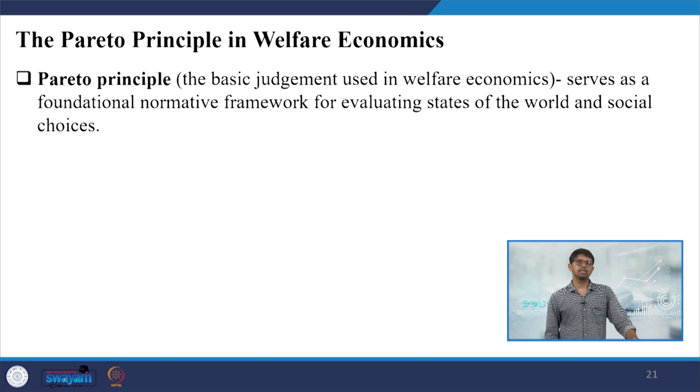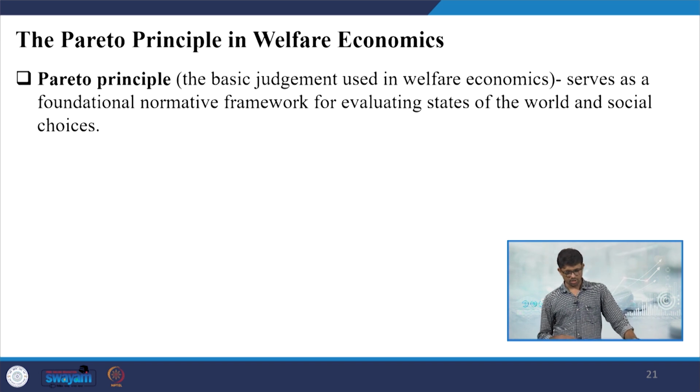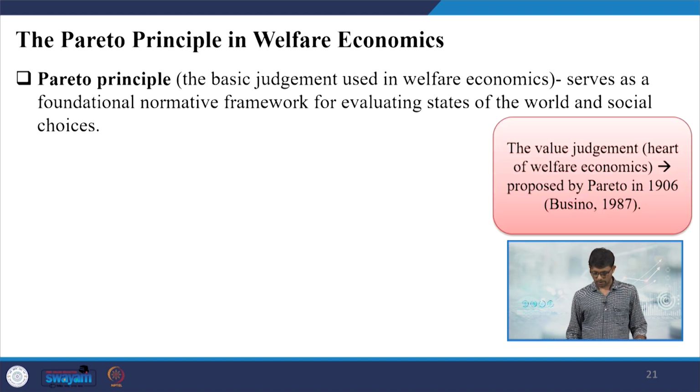Here we are discussing the Pareto principle of welfare economics, which is considered to be one of the best judgment methods. This is also called a basic judgment as per our theoretical understanding over a period of time, and it serves as a foundational normative framework for evaluating states of the world and social choices.